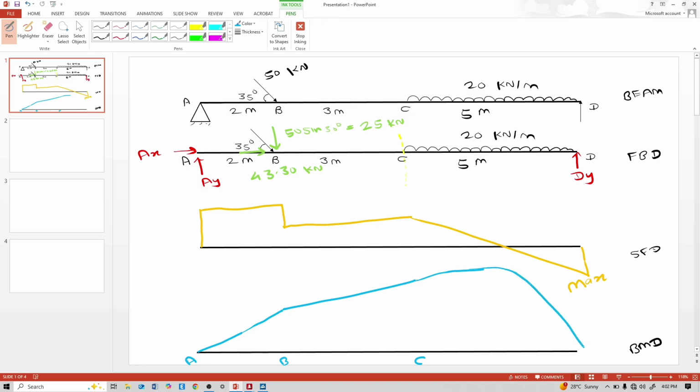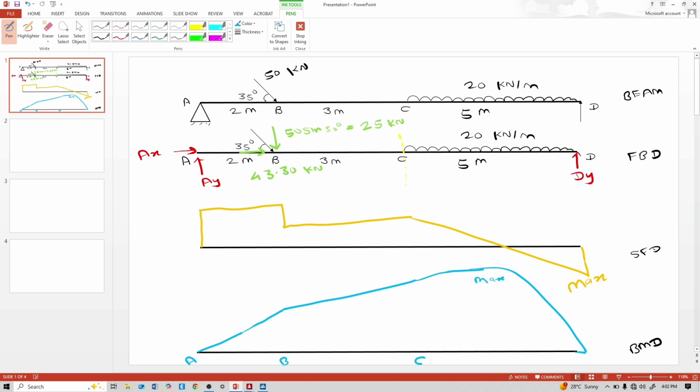So this is like this. Maximum bending moment is here. So this is our judgment only.